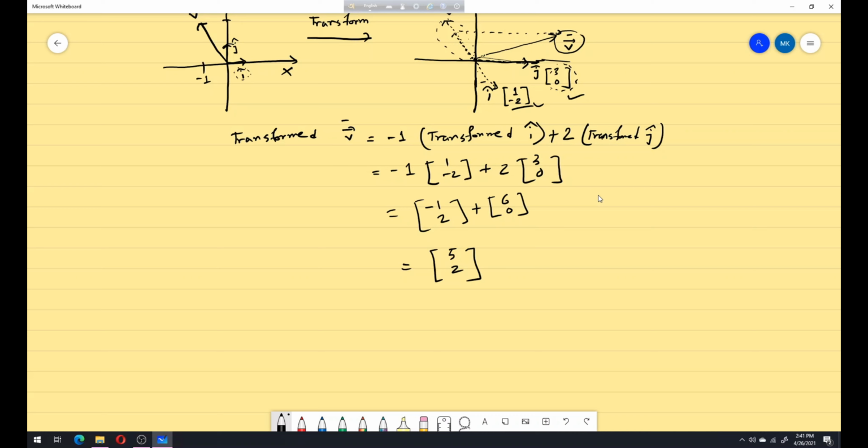So for a more general formula, so this is a transformed basis.